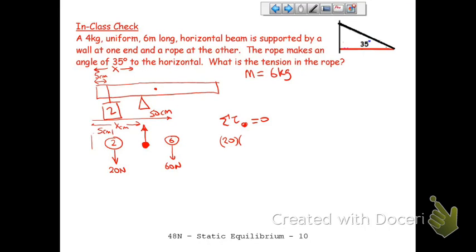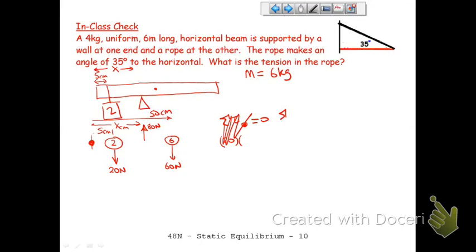I'm going to make it even easier, so I can make the numbers simple. This is going to be 80 newtons. You see why it's 80 newtons? Because you've got 60 and 20 pointing downwards, so 80 must be pointing upwards. I'm going to put my turning axis here. Why not?